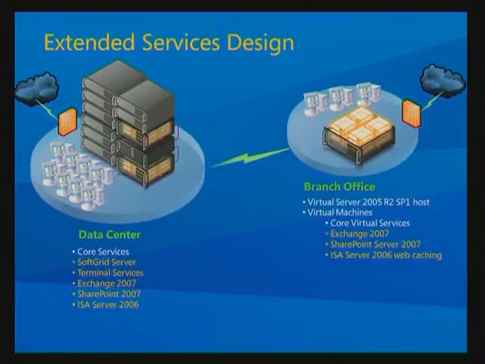The way that the document is structured, it talks about what the branch architecture should be. It talks about what the core branch design should be. So what are the core services you typically would deploy in that branch environment? And then it talks about if I want to extend or I'm looking to add additional services, how do I integrate those in that design?